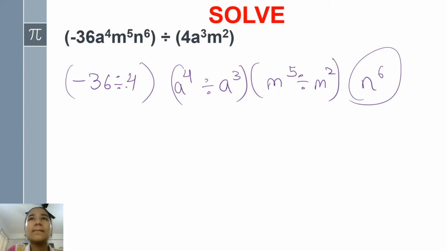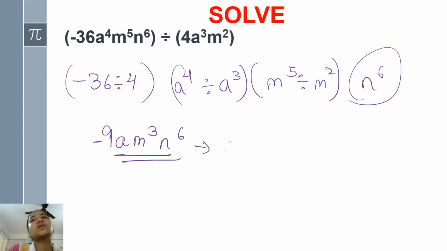So minus 36 divided by 4, 4 nines are 36, and the sign will be minus, because minus divided by plus is minus. So it's minus 9. A to the power 4 divided by a to the power 3 is a to the power 1, which is nothing but a. Then m to the power 5 divided by m to the power 2 is m to the power 5 minus 2, which is m to the power 3, and n to the power 6. So we are done with our answer.